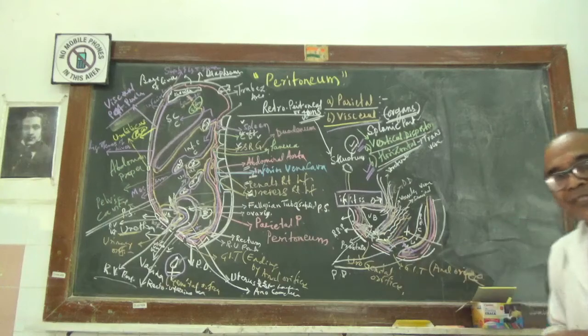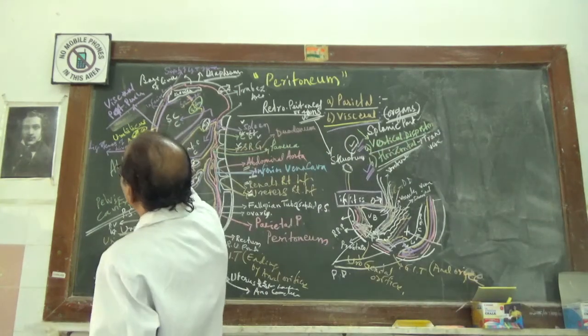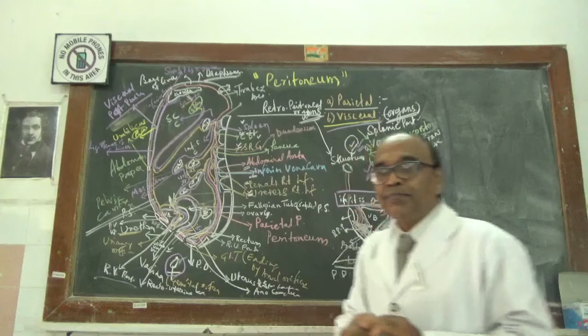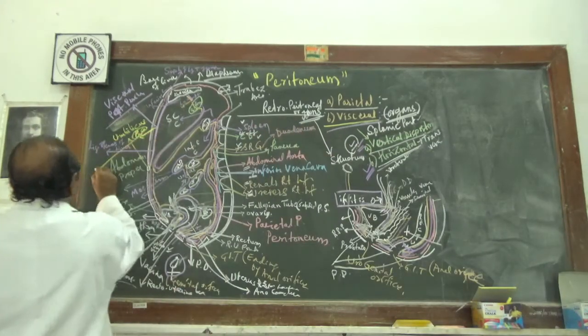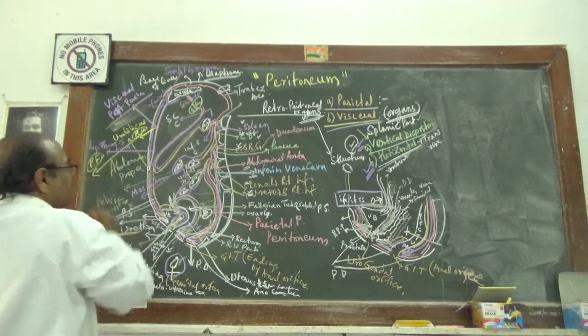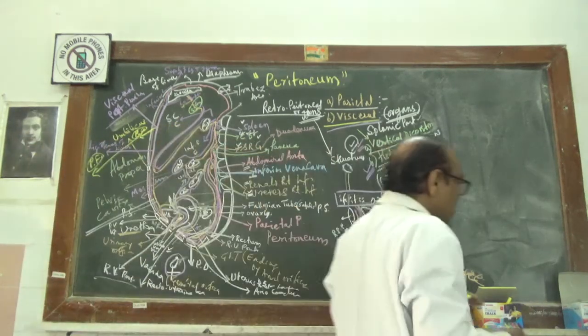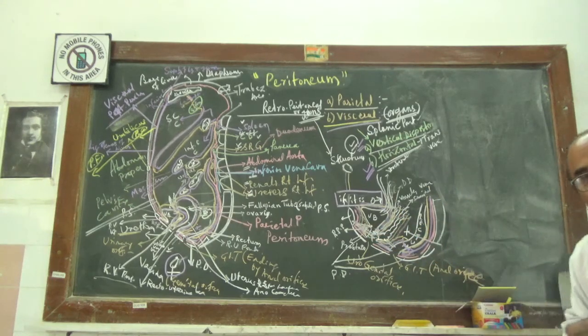So this will be the thing where you will know about the peritoneal cavity and the peritoneal fluid present in it, anyway, in the abdominal cavity proper or in the pelvic cavity proper, in female and in the male.